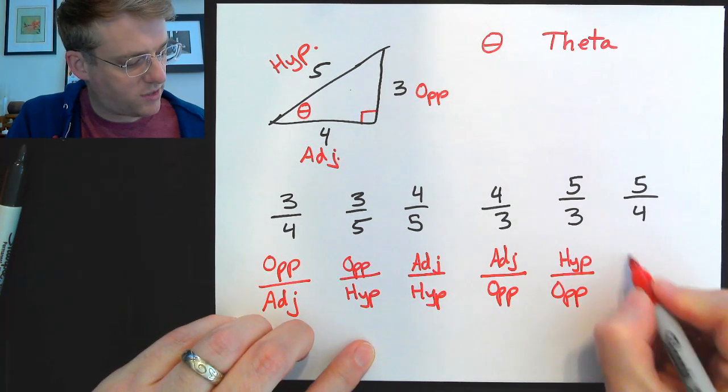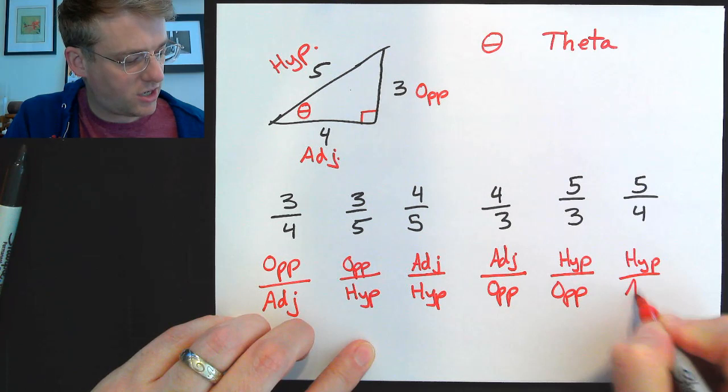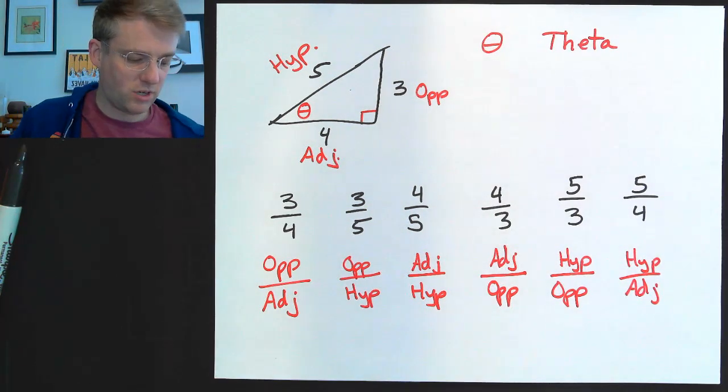And 5/4 is the hypotenuse to the adjacent side, the reciprocal of the third one.